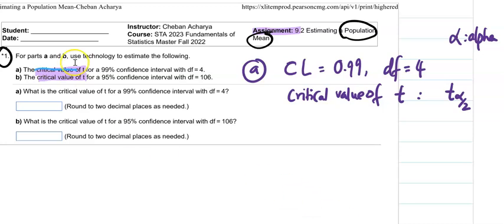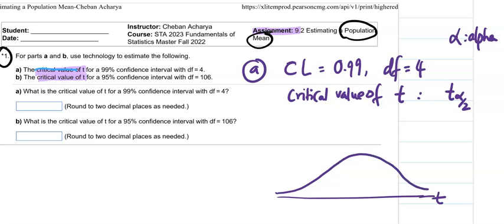To find the critical value of t for a given confidence level, first we need to draw the graph like we did in the last section 9.1. So this is the graph here. This is called the t distribution, not the z distribution. I'm going to put the t here, and that's what the graph looks like, and this is going to be 0.